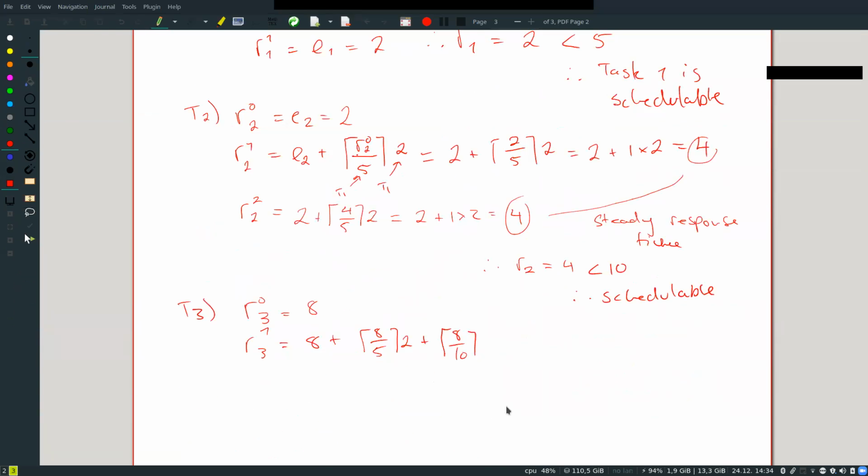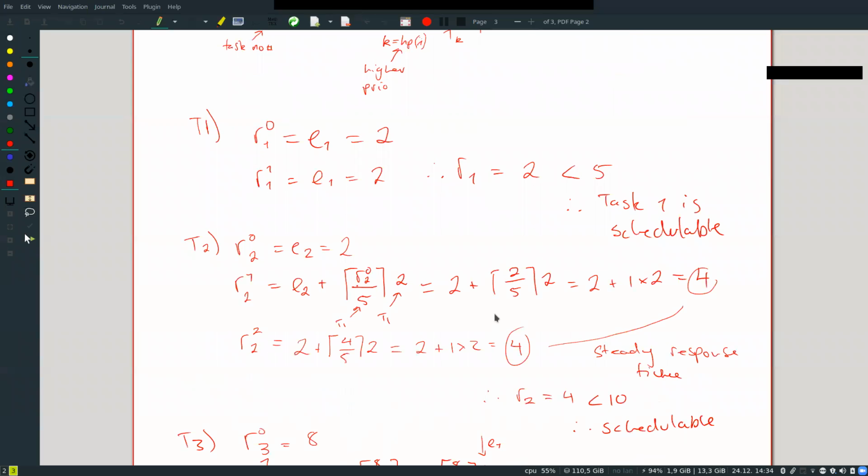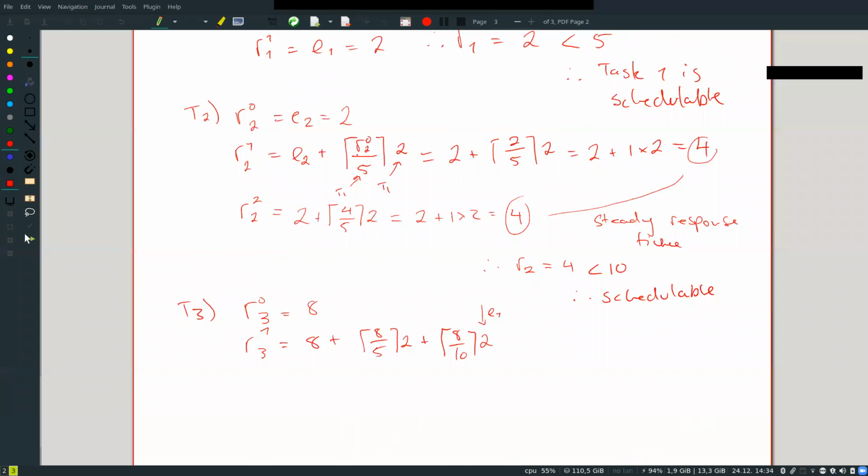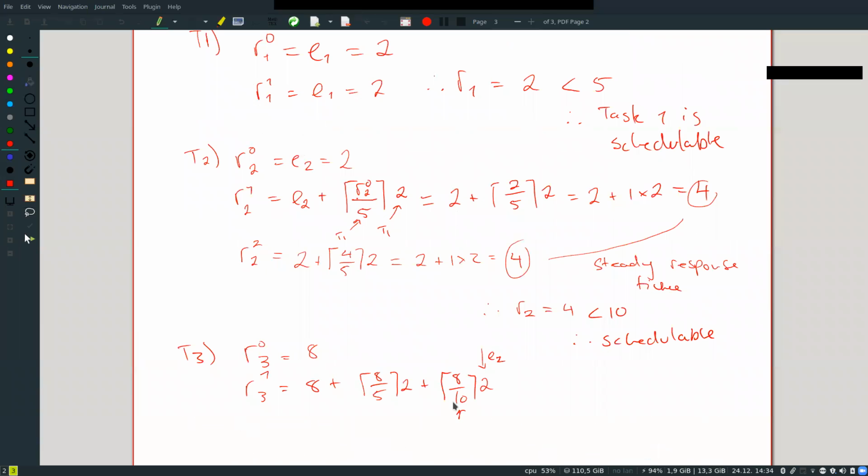My bad, the execution time of task 2 is 2. This is E2 and P2, and this is E1 and P1.